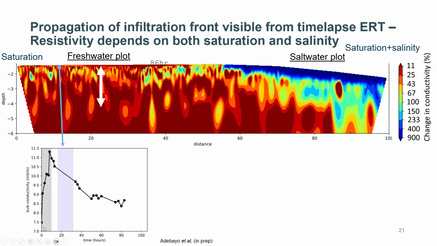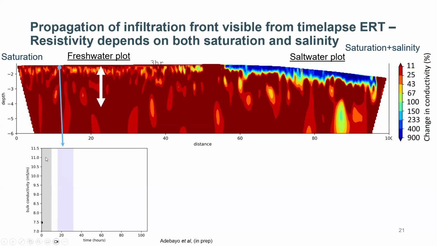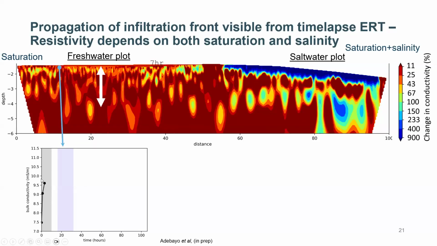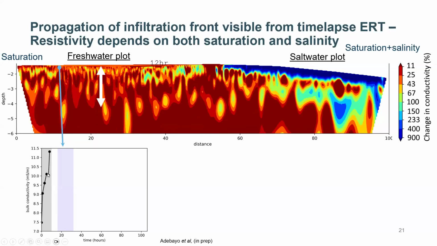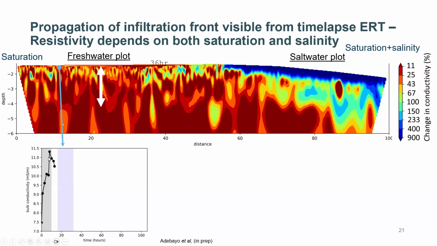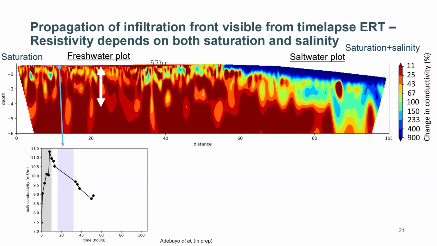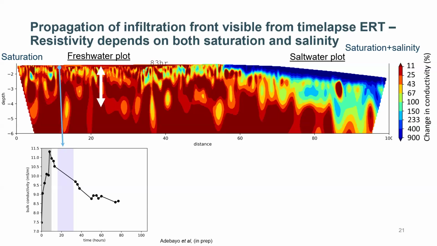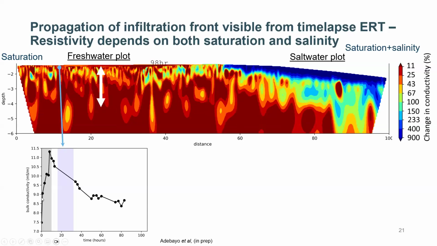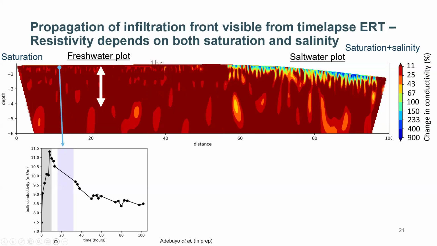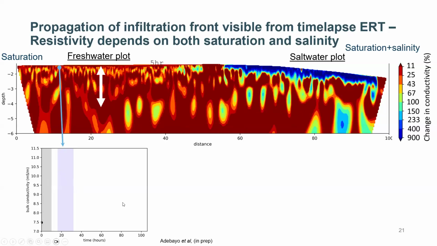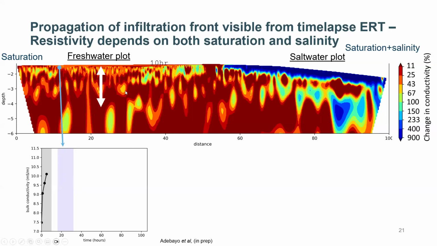The conductivity is changing in a way that reflects what we expected with our flooding: it increased. Remember, I showed you that conductivity is linearly related to moisture content. We saw that linear relationship, and that's what we are seeing here as well, that the conductivity directly scales with the increase in moisture content.